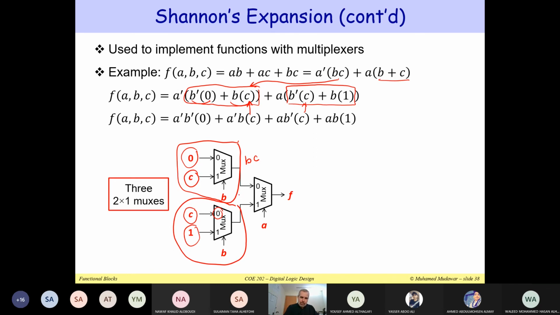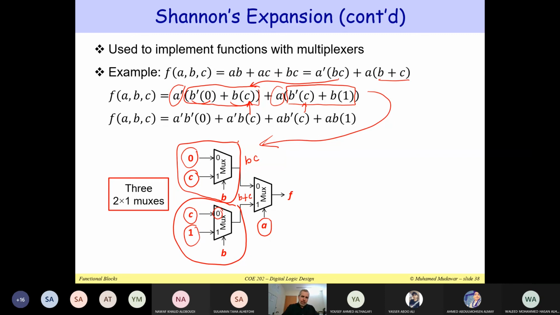And the output of this will be B or C. And finally, I'm using here A prime and A. So A here is connected as the select input of the third 2-by-1 multiplexer to get the output F. So you can see that we have implemented this expression here using 3 2-by-1 multiplexers.